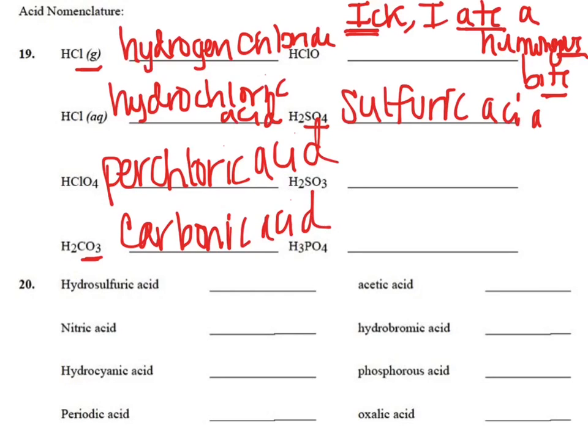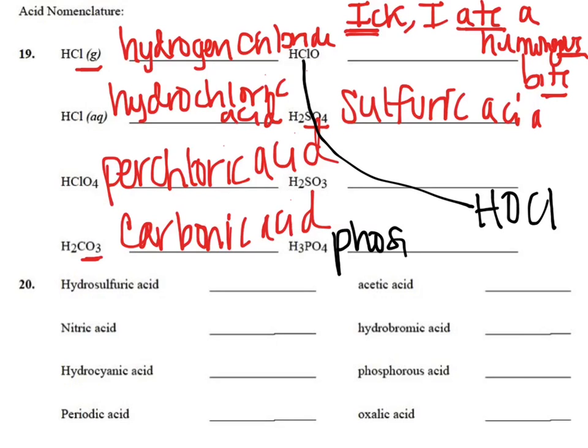One thing I do want you to see is that, I can't write it up there, let me see if I can change to a different color here. HClO. ClO is hypochlorite. Sometimes you will see this written as HOCl. Same thing. And then H3PO4 is phosphoric acid.